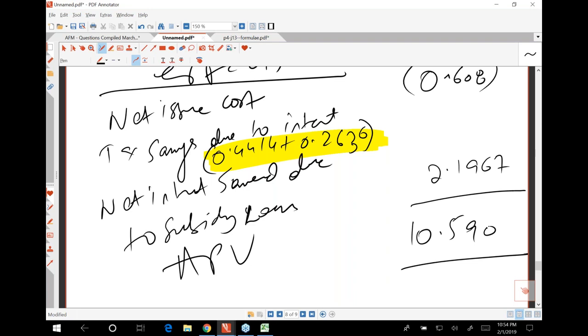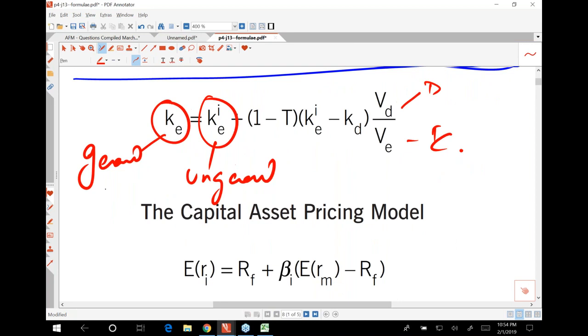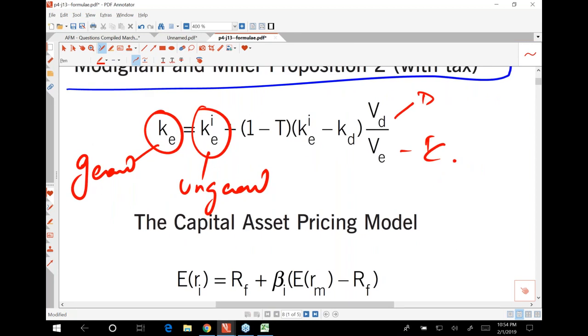Okay, so we are done with this specific question. The formula we used in this situation for the APV was the capital asset pricing model, but you could come across a situation where you're not given the betas or things like that.